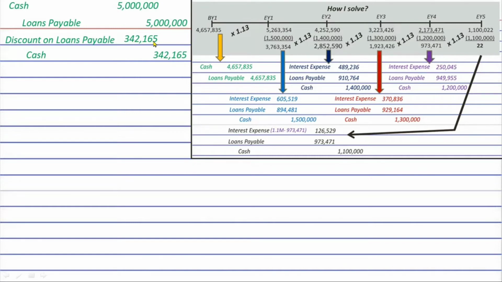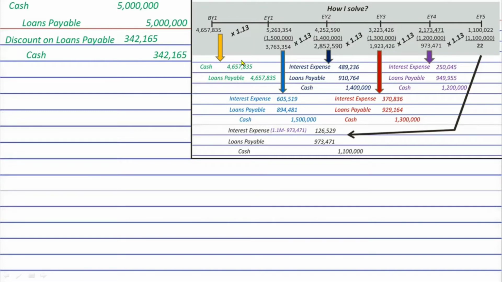That's right. The set of entries that we're going to talk about in this episode will maintain a discount balance by maintaining this account. Now, you don't need to worry because this set of entries and the previous set are substantially the same. Like if you're asked how much is cash, the cash is 5 million here, minus the credit of 342,165 here.